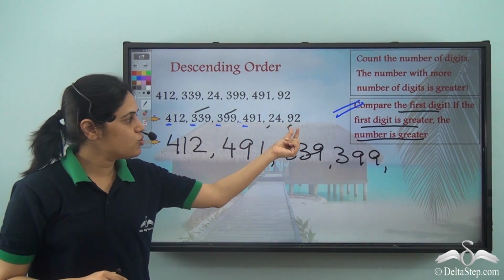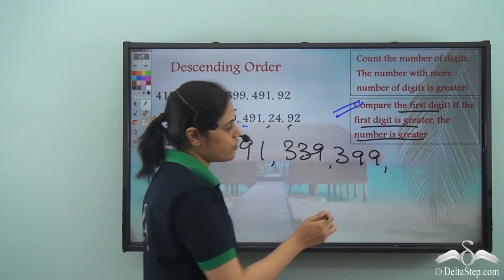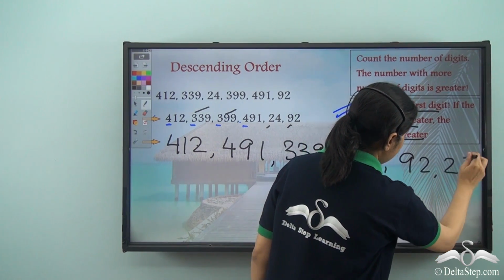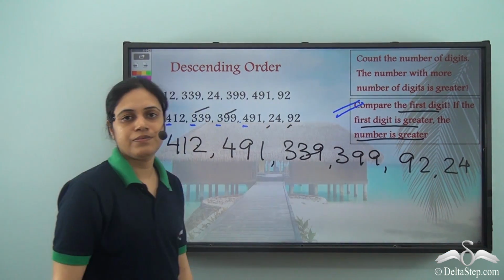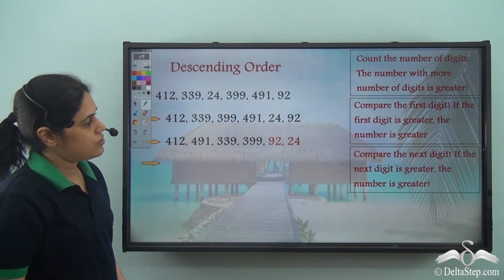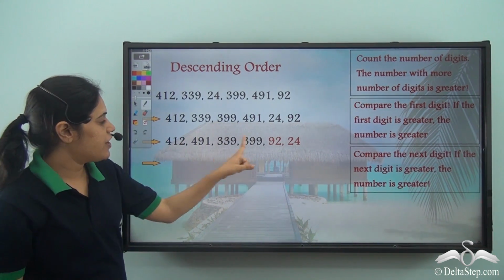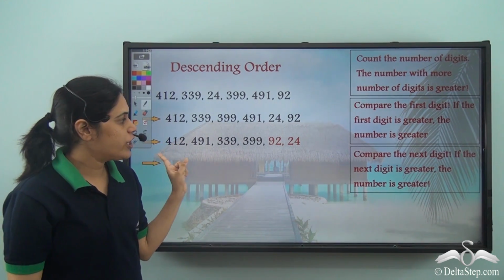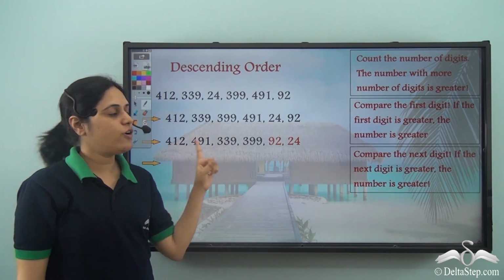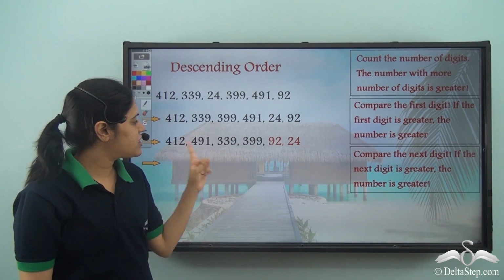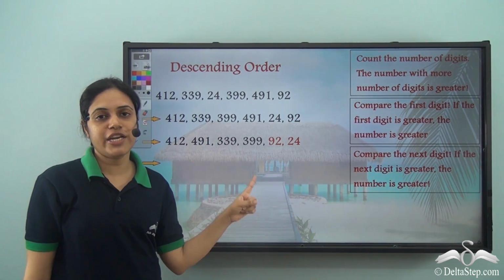So 92 will come before 24. So I have 92 and then 24. So this is what I have. Now I have arranged the numbers according to the number of digits and also according to the first digit, but still it's not arranged in descending order.